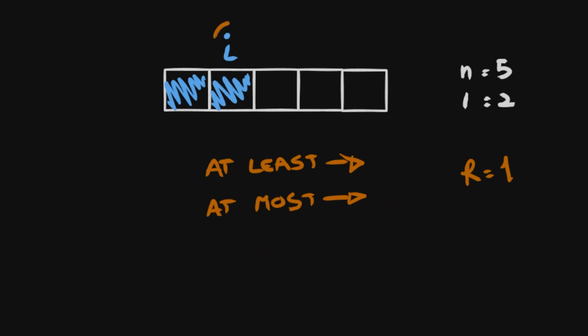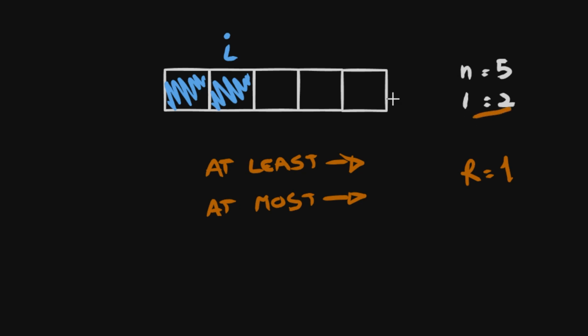Now the I pointer is here, and this means that we are giving 2 candies to the first child. And we have 3 available candies for the next 2 children. So now we will focus only on the second child as we did before, and we are specifically focusing on at least. So here we will simulate that we are giving the maximum amount of candies to the third child.